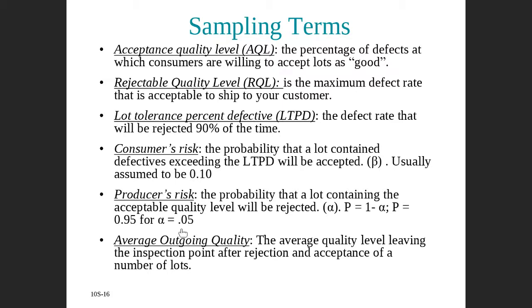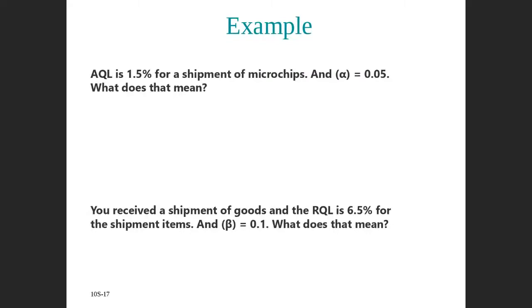And that's referred to alpha, which is 0.05. That's why we say in this example, 95% of the time you will accept it with the 1.5 or less, or you can say 5% of the time you will reject it with 1.5 or less.